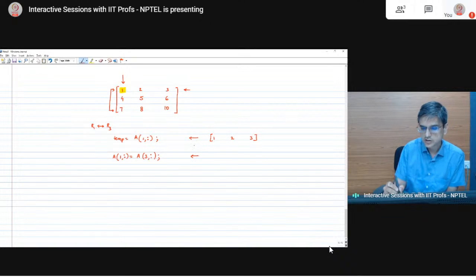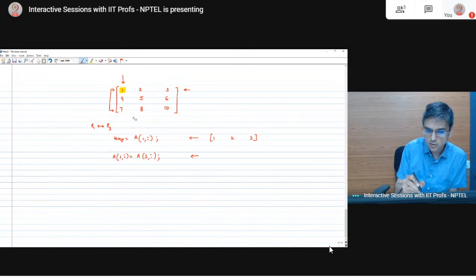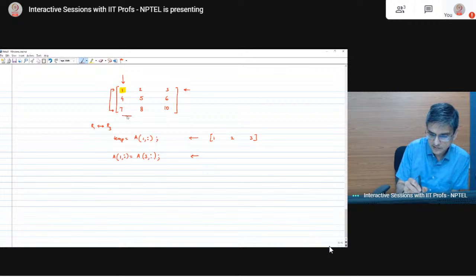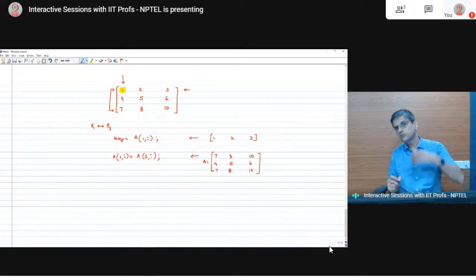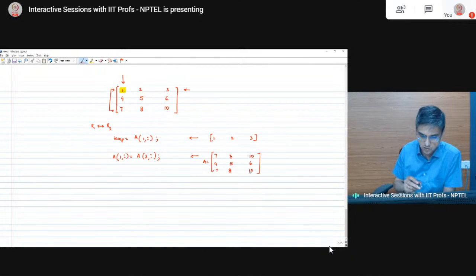What will this do? This value will be overwritten in the first row. So at the end of it, our matrix A is going to be 7, 8, 10, 4, 5, 6, 7, 8, 10. Now, what was originally row number 1, I want to insert it in row number 3.